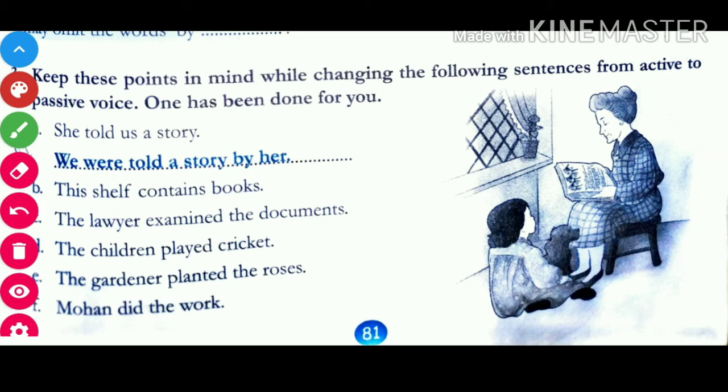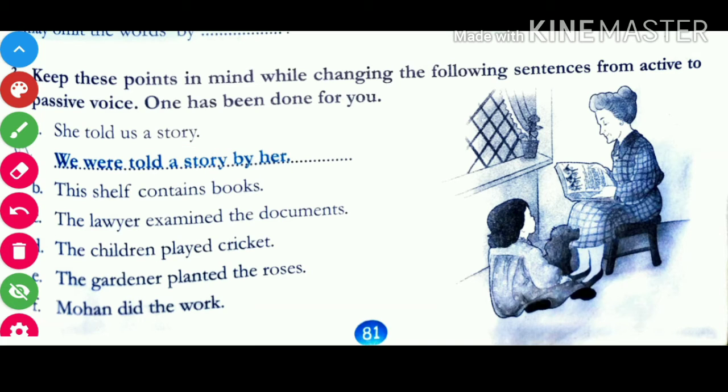So you can see the first one. She told us a story. So over here, she जो है, this is the subject, this is active voice. Okay, the sentence is in active voice. So जो she है over here became the predicate.